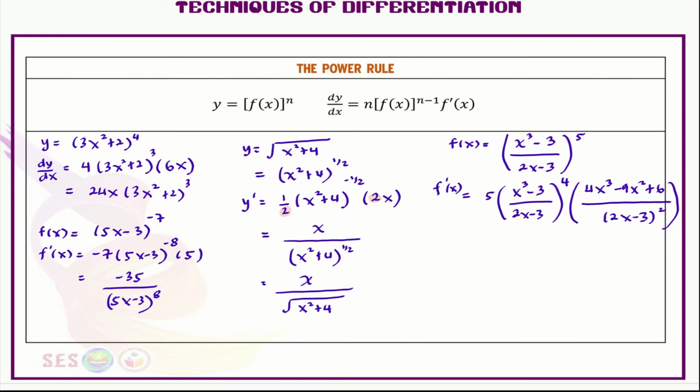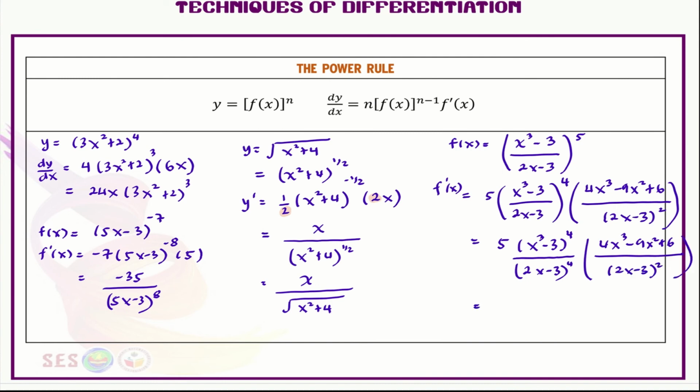Let us simplify a little bit. It should be 5 times (x cubed minus 3) to the power of 4 over (2x minus 3) to the power of 4. I just want to distribute the power of 4 first, and then we will copy back everything. So we've got this one, over (2x minus 3) squared.